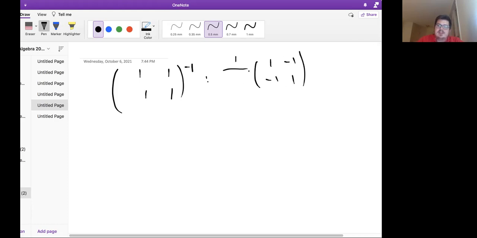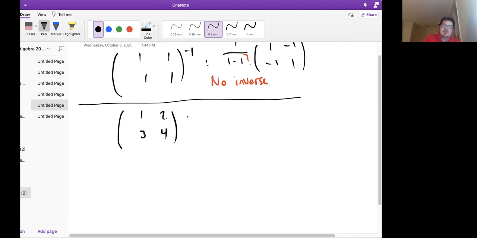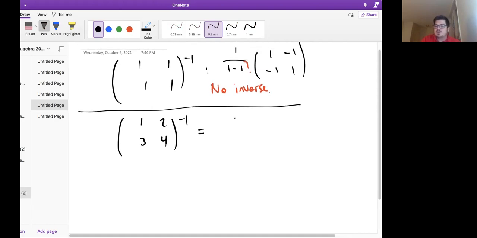Then I have this other thing here, right? What would that be? Yeah, so this has no inverse, so that doesn't work. All right. Let's do 1, 2, 3, 4. What would that one be? I think it's good to do the determinant part first. Let's do 1 over. So what is it divided by?